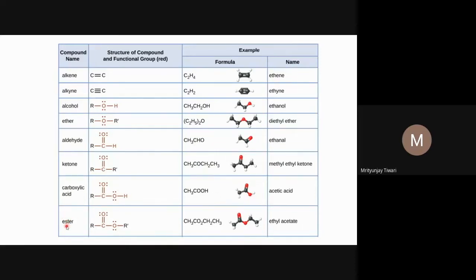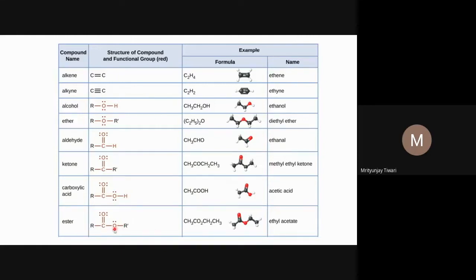And this is the ester. If the hydrogen of the carboxylic acid group, C double bond O H, is replaced with another alkyl group, meaning a group containing carbon atoms, so that the oxygen is connected to another carbon atom, then we call this functional group an ester.